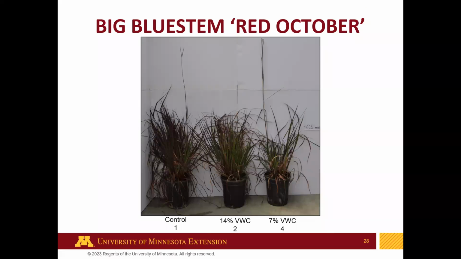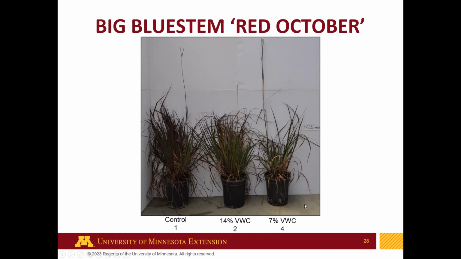And I wanted to show you a picture of big bluestem. This is Red October. If you recall, in the species main effect, Red October big bluestem actually had the lowest visual damage rating. On the far left here, you see the control had a rating of 1, and our 14% volumetric water content, this one had a damage rating of 2.